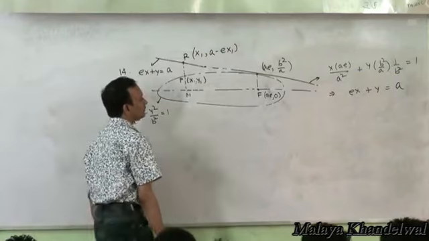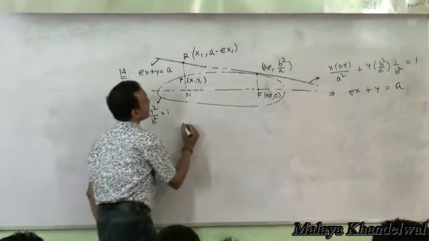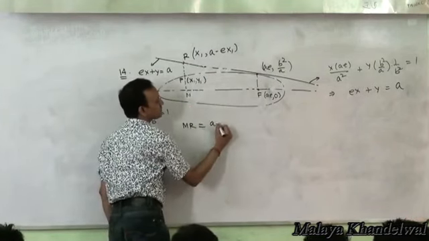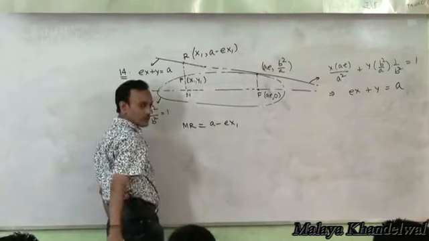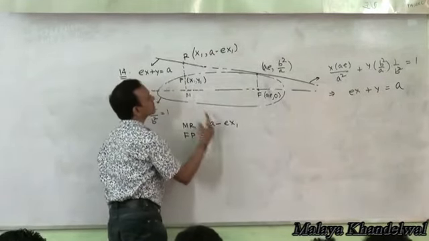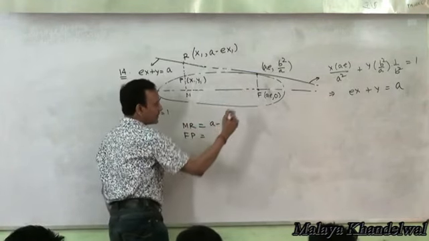And then what is MR? MR is the y, a minus ex1. And what's FP? Distance of a point from the focus (ae, 0) would be a minus ex1.